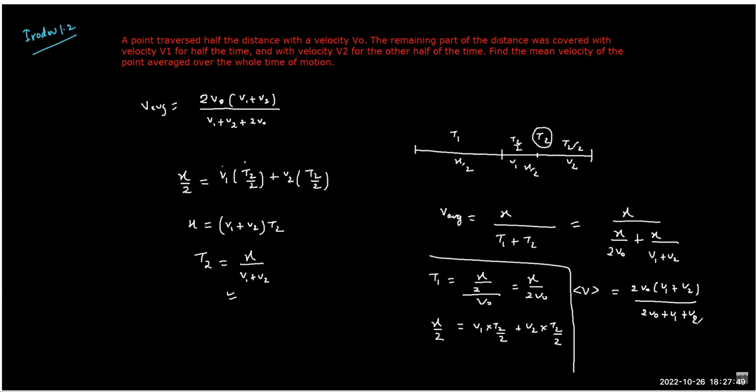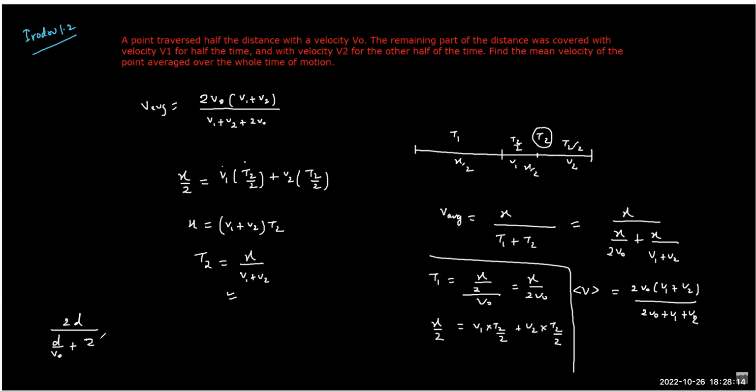The total time is how much? D by V naught plus 2T, isn't it? In the denominator, see, this is what you have written. Let me rewrite. This is what you have written, right? Yes, sir. Now, what is the total time of journey?